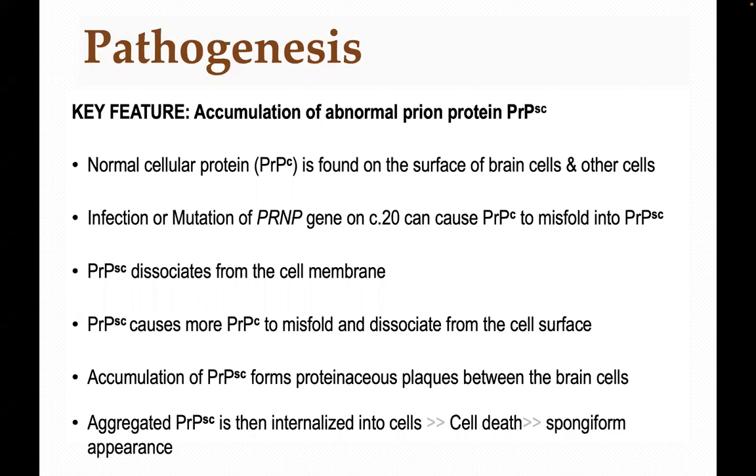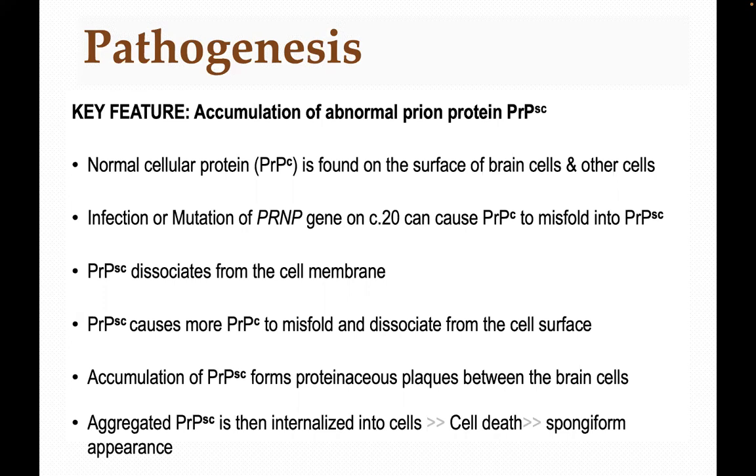And then they cause more normal proteins to misfold. They infect other normal prion proteins, and these other prion proteins will also misfold and dissociate from the cell surface.